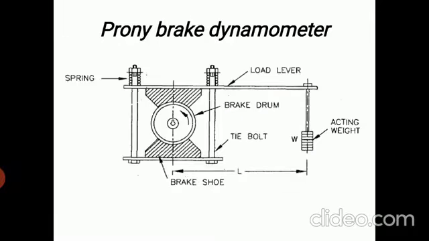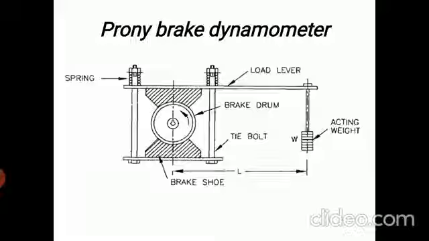Then the Prony brake dynamometer: instead of adding a rope on the drum, here we will have two opposing brakes. If you are adding more weight, it is going to give more resistance to the rotation of the drum. Then accordingly the fuel quantity will be increased to maintain the speed.